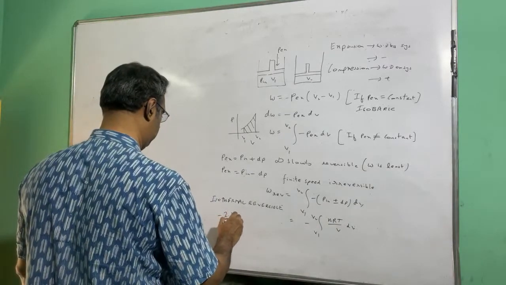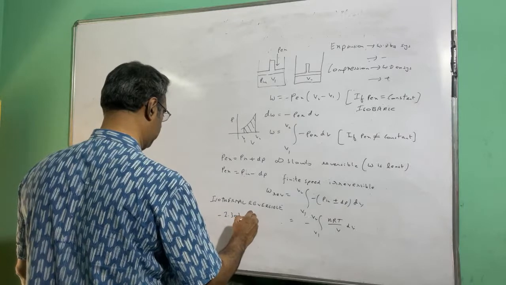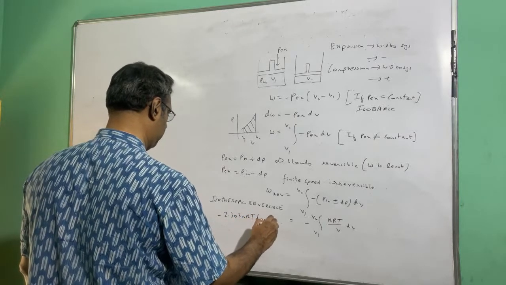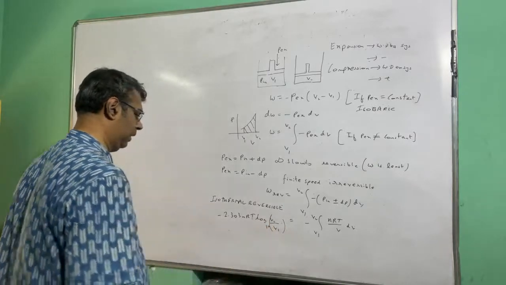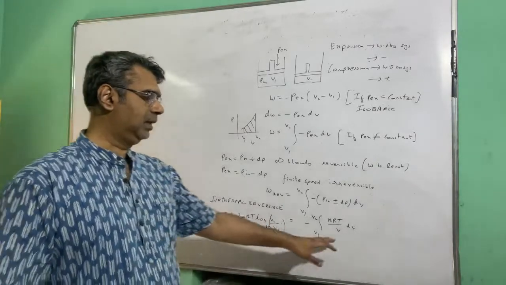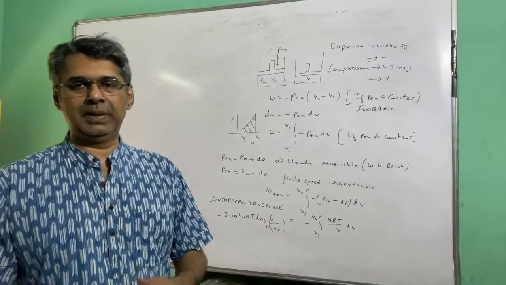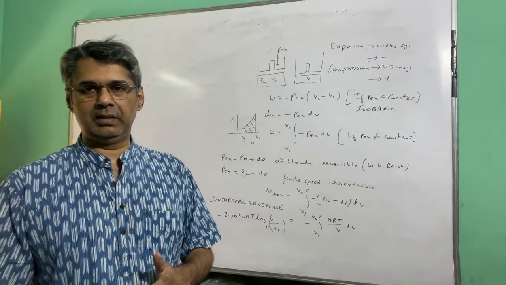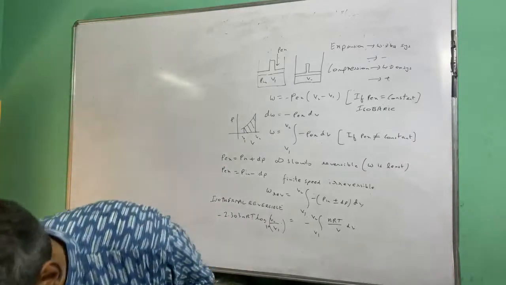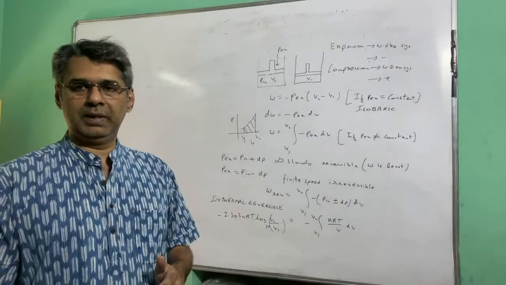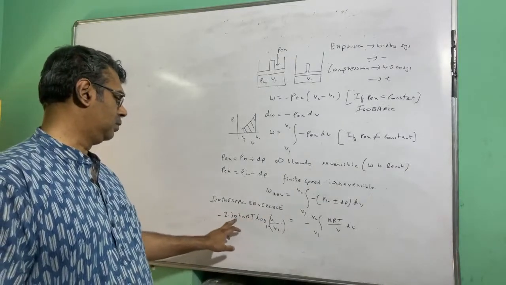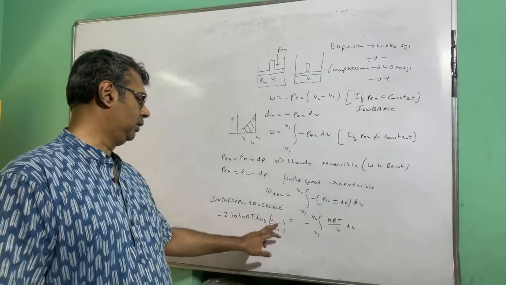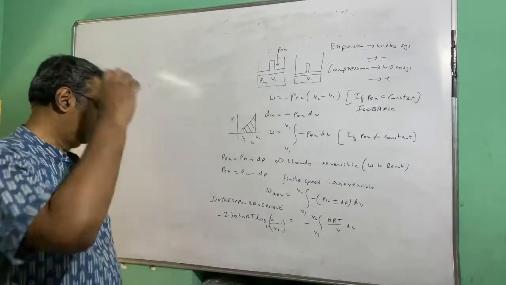So it will become minus 2.303 nRT log V2 by V1 to the base 10. Actually, when you integrate dV by V, the answer will come log base e, but log base e is not very comfortable. We prefer to use log base 10.